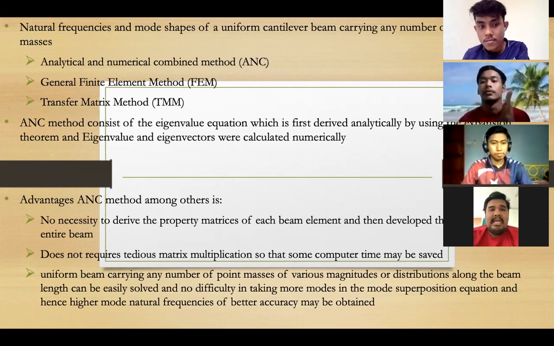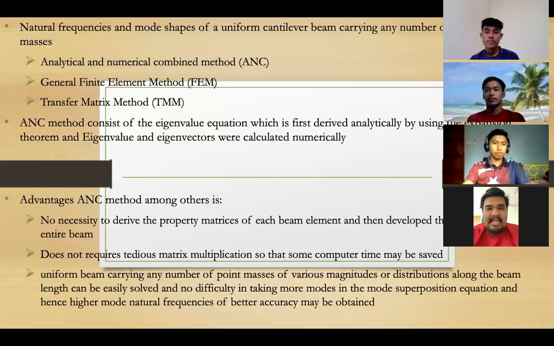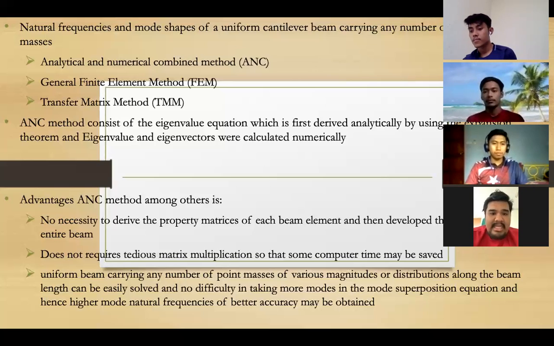So the analytical and numerical combined method has advantages among the other methods. Firstly, there is no necessity to derive the property matrices of each beam element and then develop the overall one of the entire beam. Second, it does not require tedious matrix multiplication, so computer time may be saved.